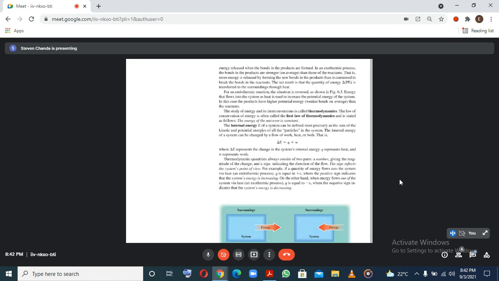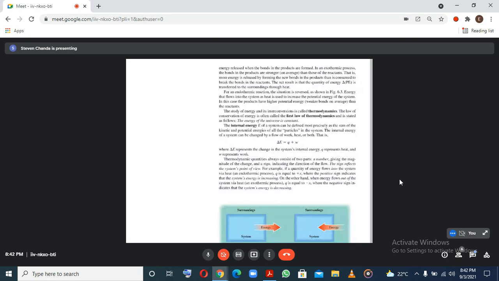For an endothermic reaction, the situation is reversed. The energy that flows into the system as heat is used to increase the potential energy of the system. So, like I said earlier, the products have higher potential energy, which translates to weaker bonds on average than the reactants.